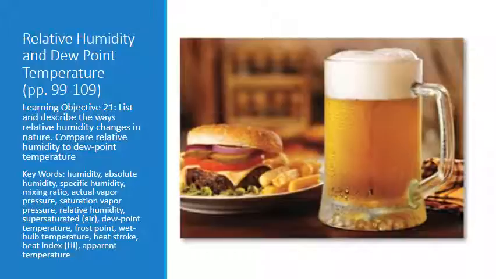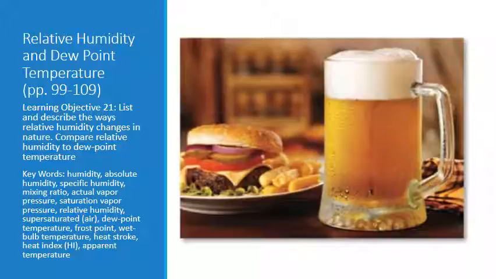Relative humidity is a ratio of the air's actual water vapor content in the upstairs number, the upstairs part of the ratio, and compared with the amount of water vapor required for saturation at that temperature. So it's a little confusing, but I'll say it again.